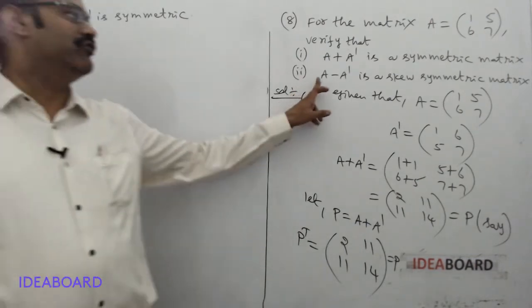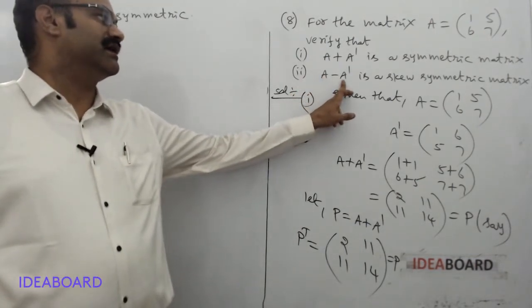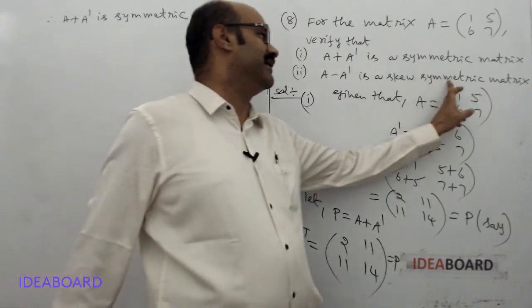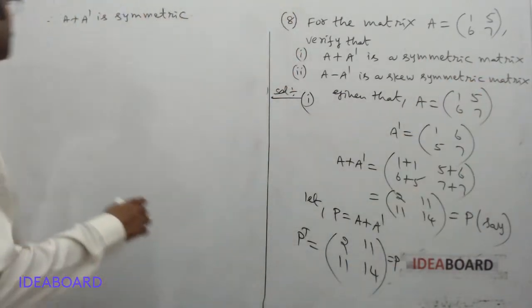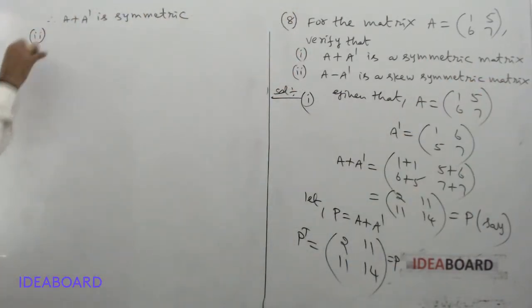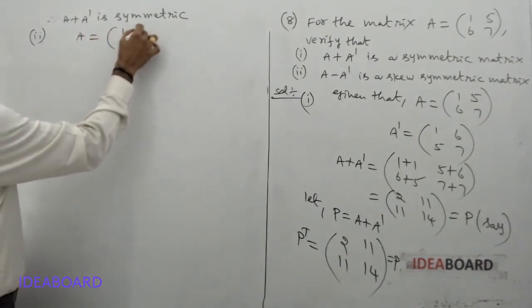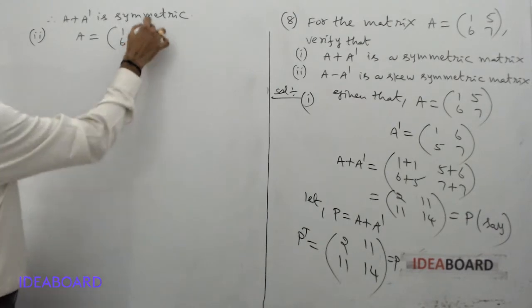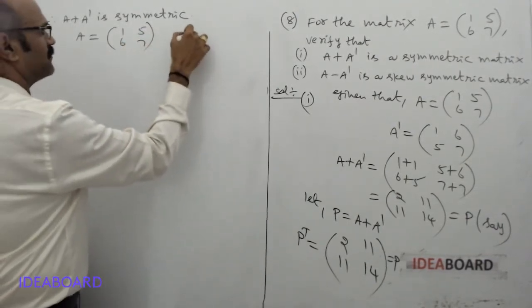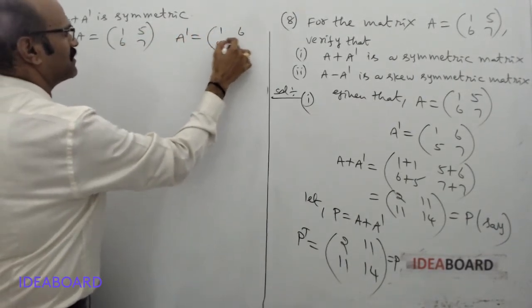Second one, we have to prove that A minus A transpose is a skew symmetric matrix. A equal to [1, 5; 6, 7]. A transpose equal to [1, 6; 5, 7].